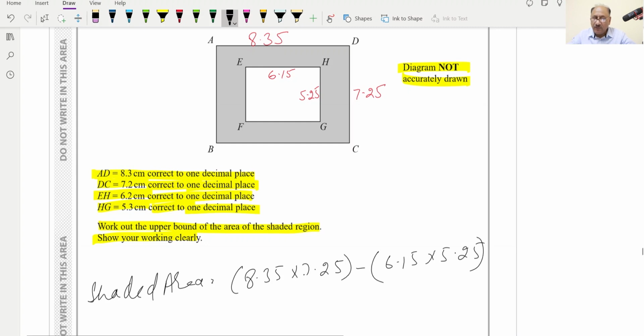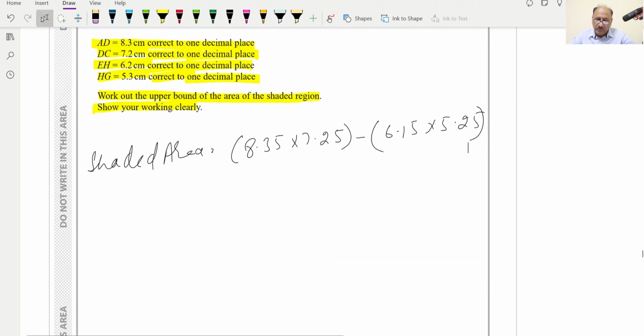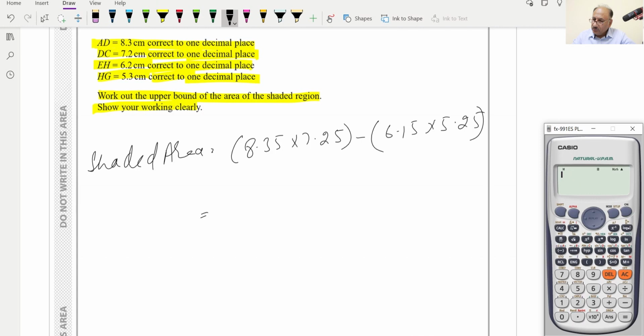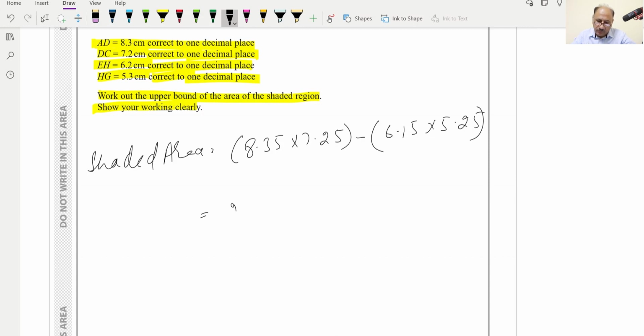This is how you check whether you need the lower bound or upper bound for each value. This gives us 28.25, and since the measurements are all in centimeters, the area will be in centimeters squared.